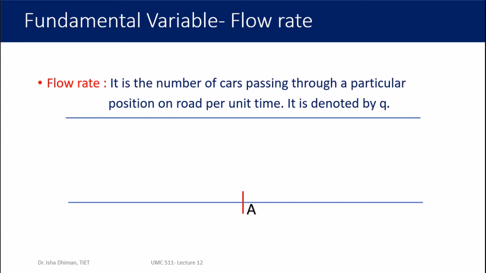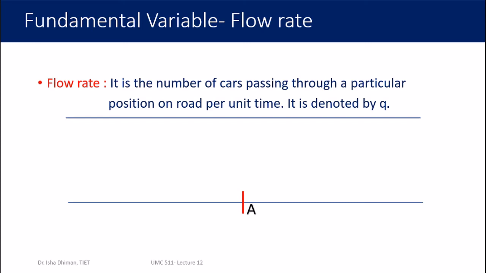Now we are looking at the next variable, flow rate, which is also a fundamental variable. In density, the time was fixed, but you were taking the reading according to the space. Here we have fixed the space position. You can see the marking on the road at a particular position A. It's just for depiction.